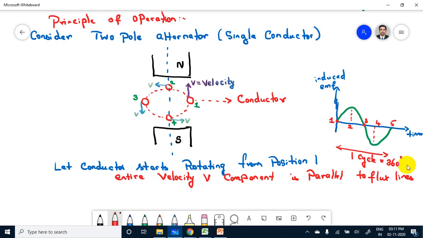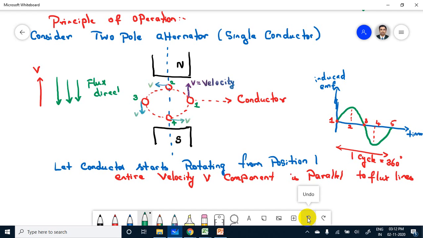Parallel means, you see, the velocity for conductor 1 is moving from the downward position to the upward position. This is the direction of velocity, but the flux direction is opposite.